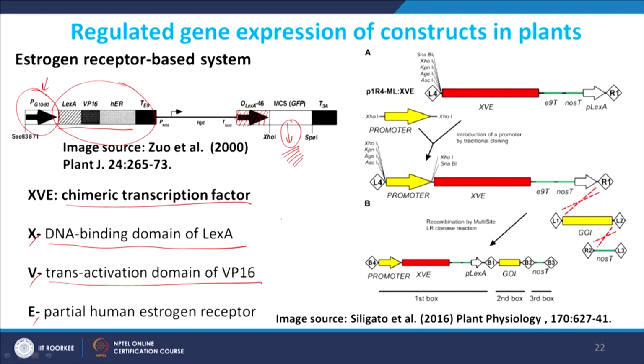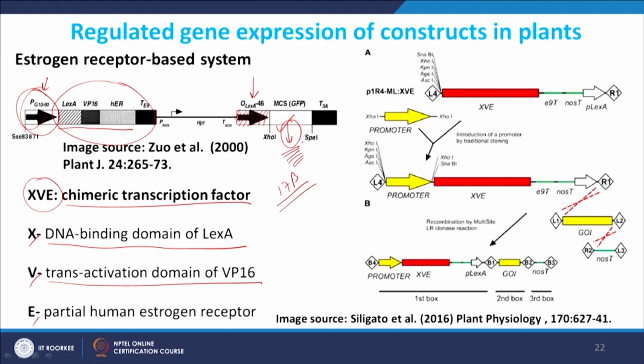Then normally this promoter will drive expression of the XVE protein, but this protein will not enter the nucleus because of the estrogen receptor. But when you treat with 17 beta estradiol, this artificial protein will go and bind to the binding site here, and the transactivation domain of this transcription factor will activate the gene which is cloned downstream of it, and this can be used even for non-transcription factor kind of proteins.